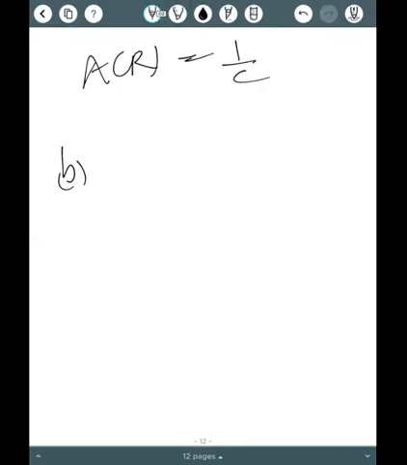Now we are given the fact that we have a uniform region from -1 to 1, so it is a rectangular region. Basically, x is between -1 and 1, and y is also between -1 and 1. So what will the area of this region be? The area of the region is 4, right?